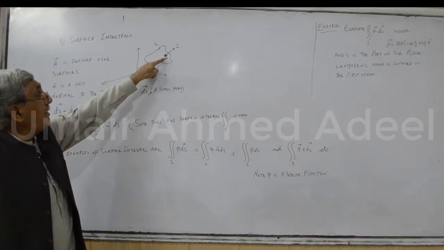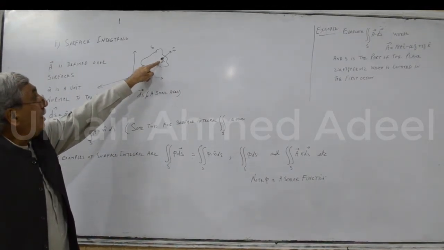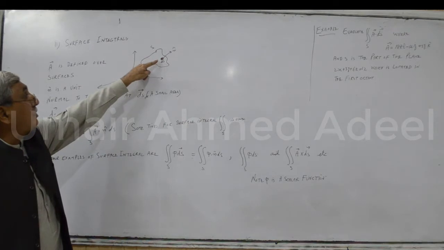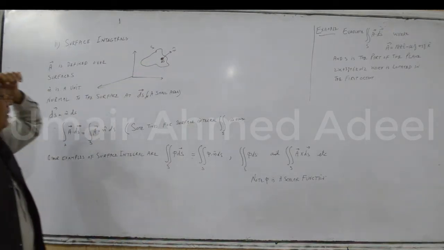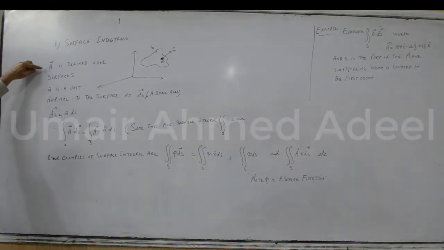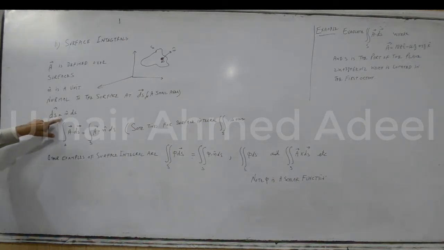A is defined over the full surface, n is a unit normal to the surface at dS, which is a small area, and dS is a vector area which can be written as the magnitude of dS times a unit normal drawn there.